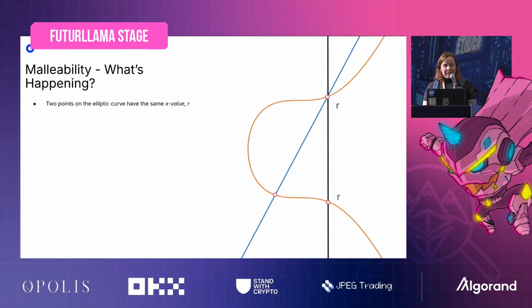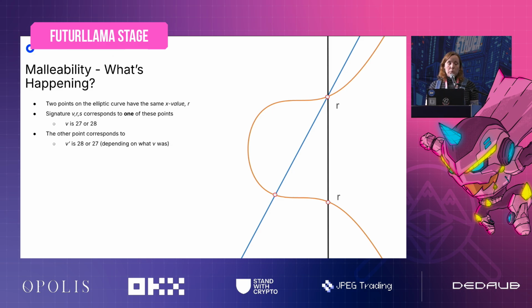What's going on behind the scenes for this? What's really happening is that on an elliptic curve, you really have two points that have that same X value R that is randomly generated when you are making a signature. And so when you have this V, R, S combo, the way to determine one of those is to pick a V, and that V is described by a 27 or a 28, and this determines which of those points you're talking about.